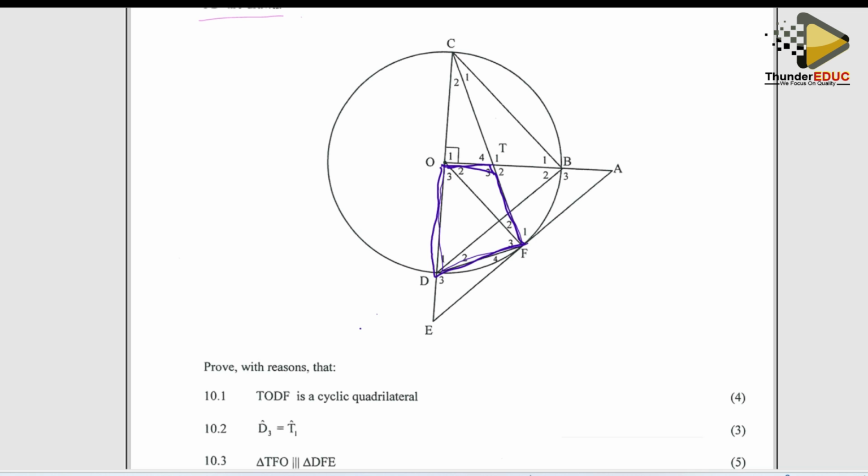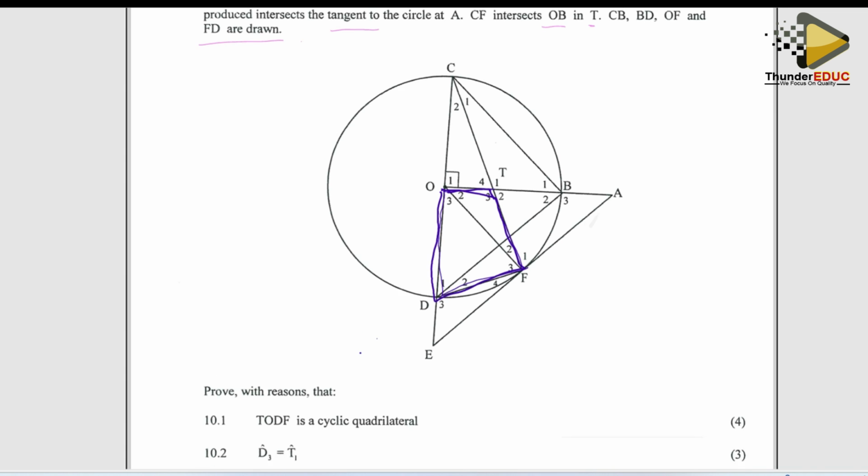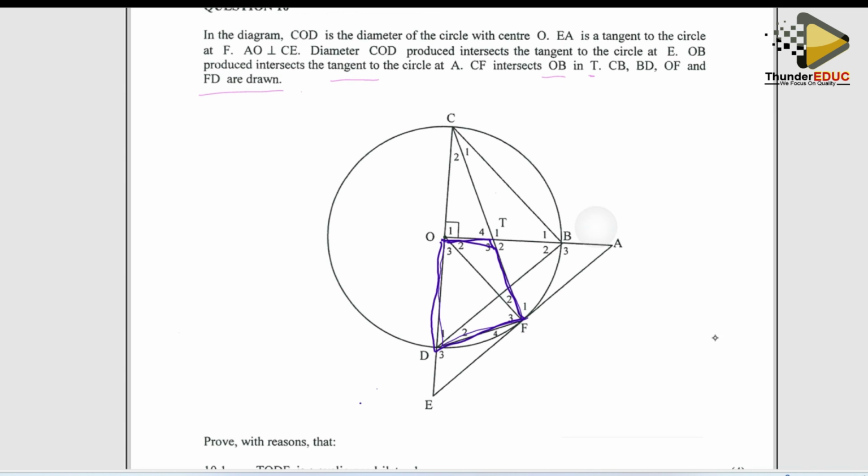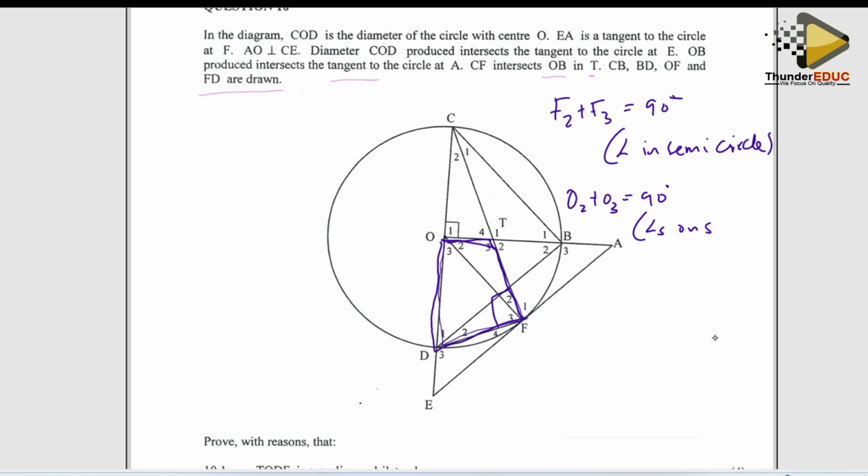But one thing I know for sure, I can say that F2 plus F3 must give us 90 degrees. Reason: angle in a semicircle. Remember, they told us that this is a diameter, so this angle has to be 90. And then O2 plus O3 must also be 90 degrees. These are angles on a straight line.